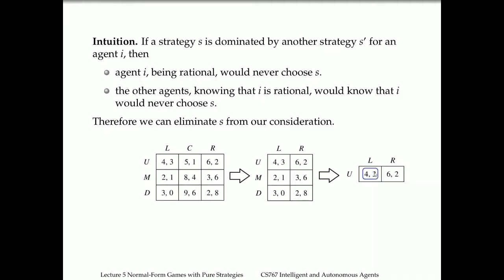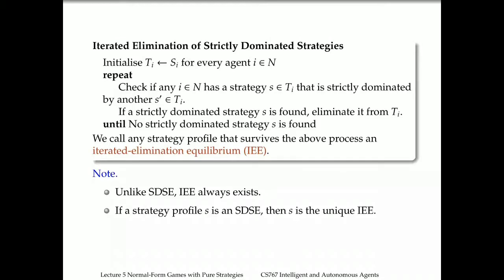Although this profile is not a strictly dominant strategy profile, it is also reasonable according to the rationality assumption that we made. Right? So this is what we call an iterated elimination equilibrium, or IEE.